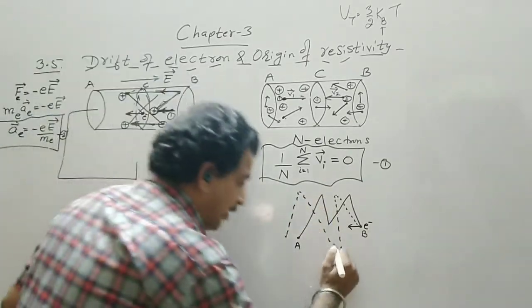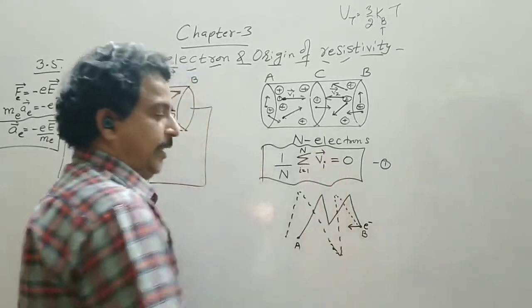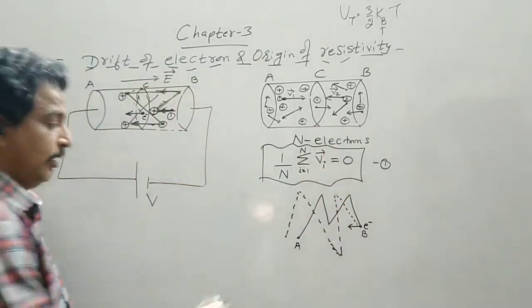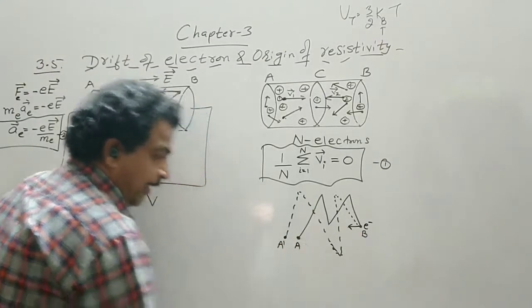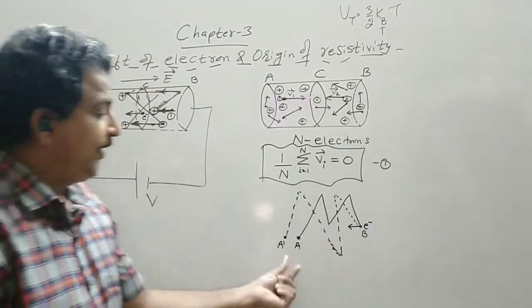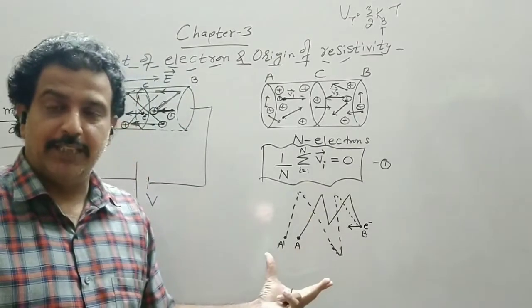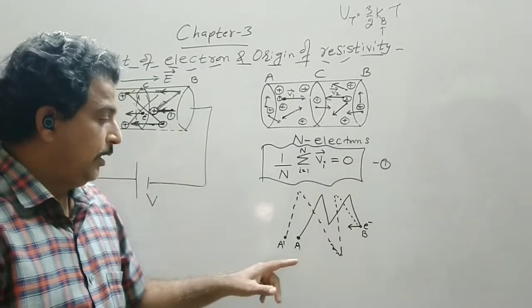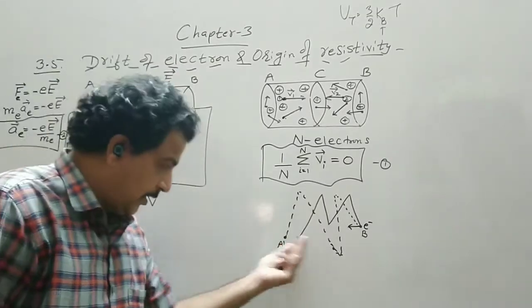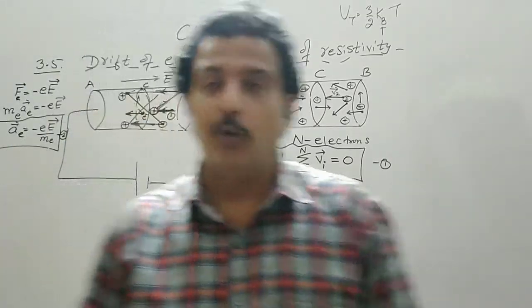This dotted line is in the presence of the field. But what will be the advantage? Instead of coming to point A in a unit time, in the presence of the field it will come to A dash, meaning the displacement will be more.